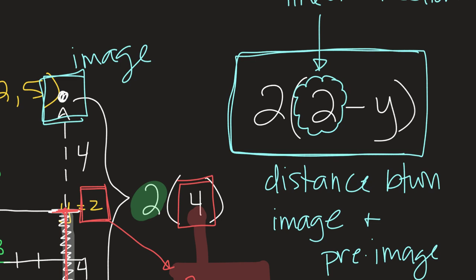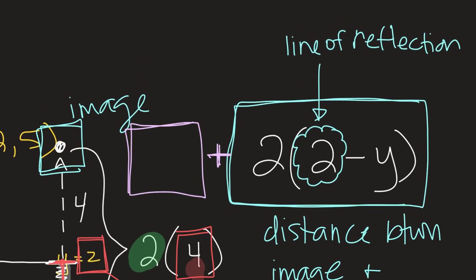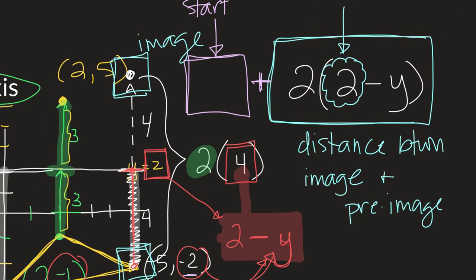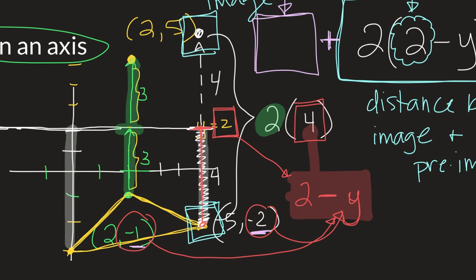But now we have to decide where we are starting from. We have to add this to some starting value. Where are each of our points starting from? Well, this one started at negative 2 in the y value. This one started at negative 1. This one started at 0 minus 3, so it started at minus 3.